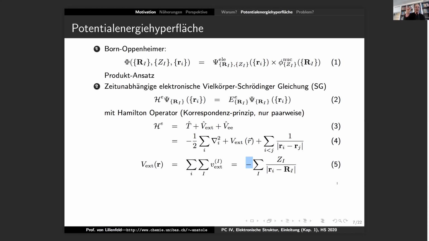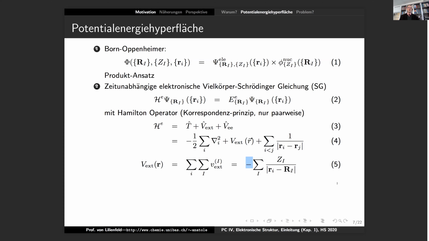Now, these are the three terms in your electronic Hamiltonian. The total Hamiltonian also contains a term where the nuclear charges repel each other if you have multiple atoms. So that's just the nuclear charge of atom I with the nuclear charge of atom J divided by their distance. That term is not shown here because it's not part of the electronic Hamiltonian.